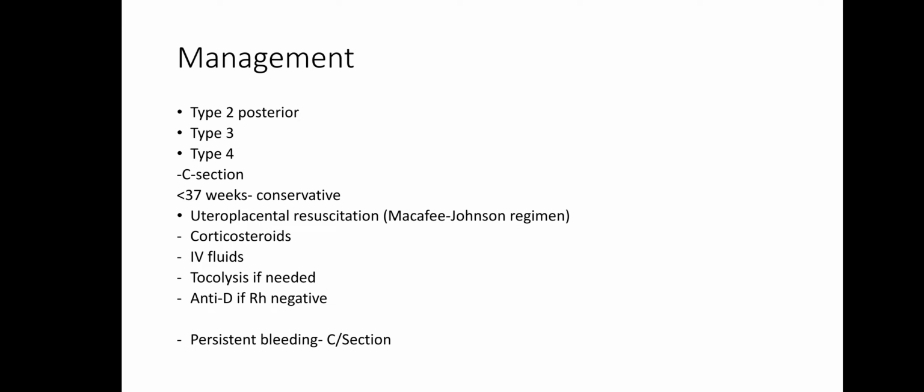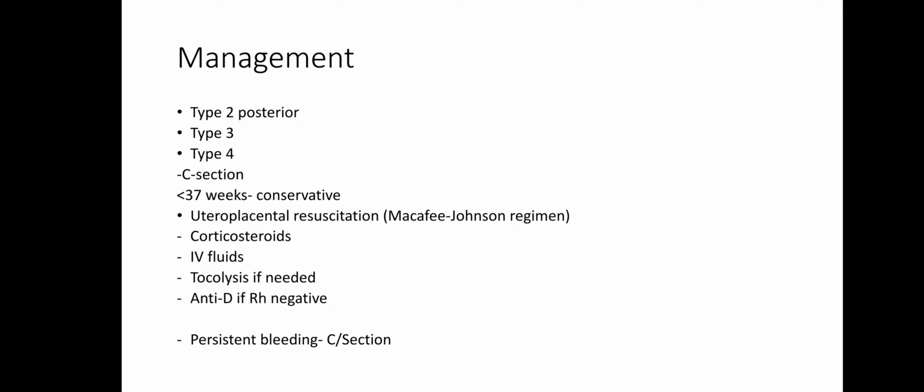Now, if the baby is below 37 weeks, which means that probably the lungs are not that mature, and there's a risk of prematurity after delivery. So in previa, we have that option of conservative management. As we'll see in abruptio, there is no option of conservative management. So in previa, if there is bleeding, you can attempt conservative management first. It's called the McAfee-Johnson regimen.